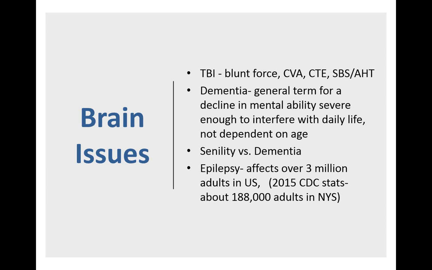Shaken baby syndrome, or AHT, is abusive head trauma. You may see it listed as that sometimes. There are about 1,300 reported cases in the United States every year, and 25% die from the initial trauma. 80% of survivors will have lifelong disabilities, and it's usually in areas like speech, learning, hearing, and vision.